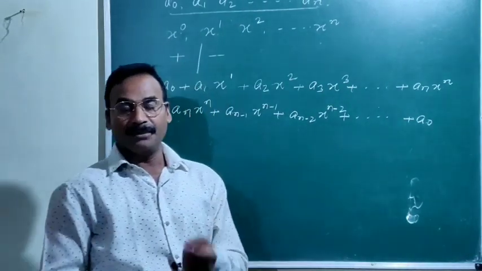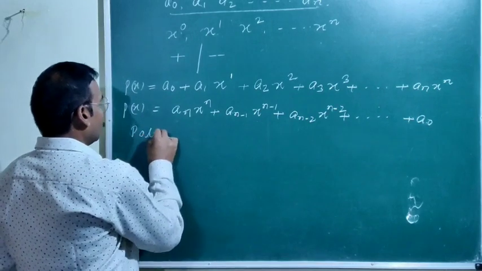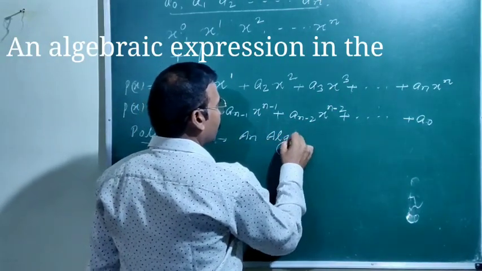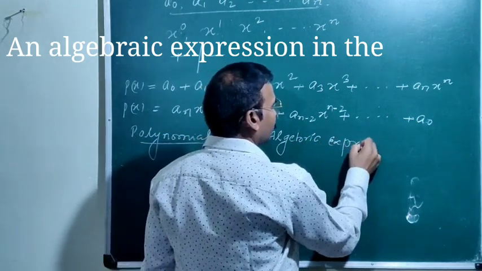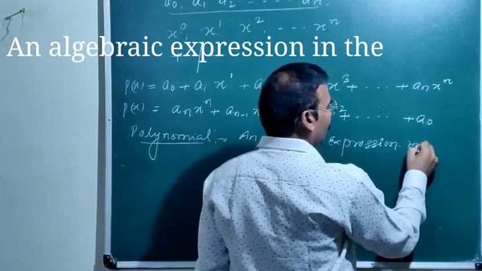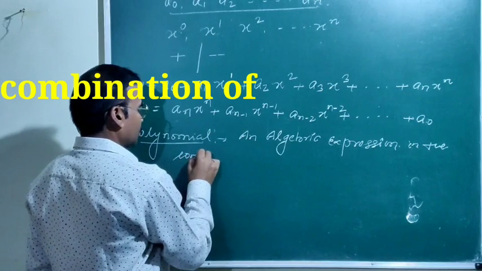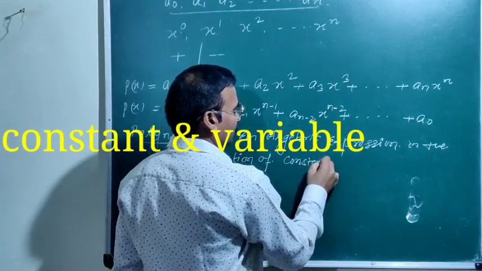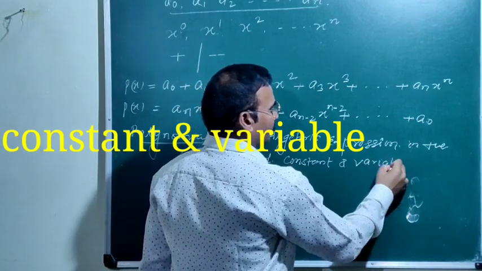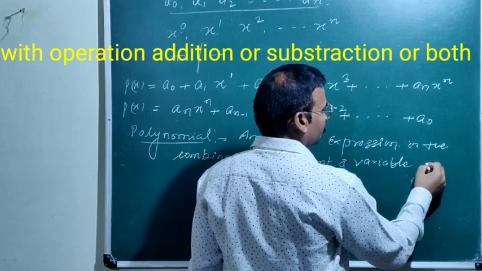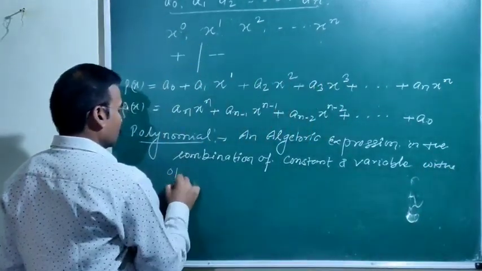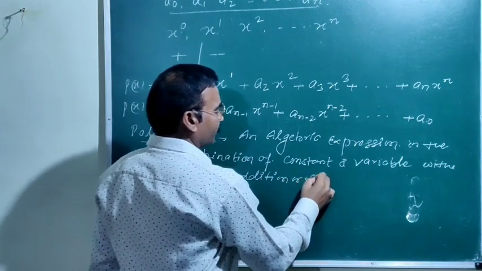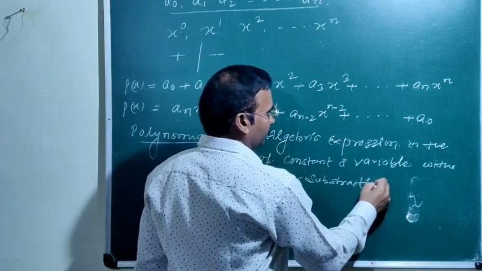So let me define the polynomial. The polynomial is an algebraic expression, a combination of constants and variables with operations: addition or subtraction or both.